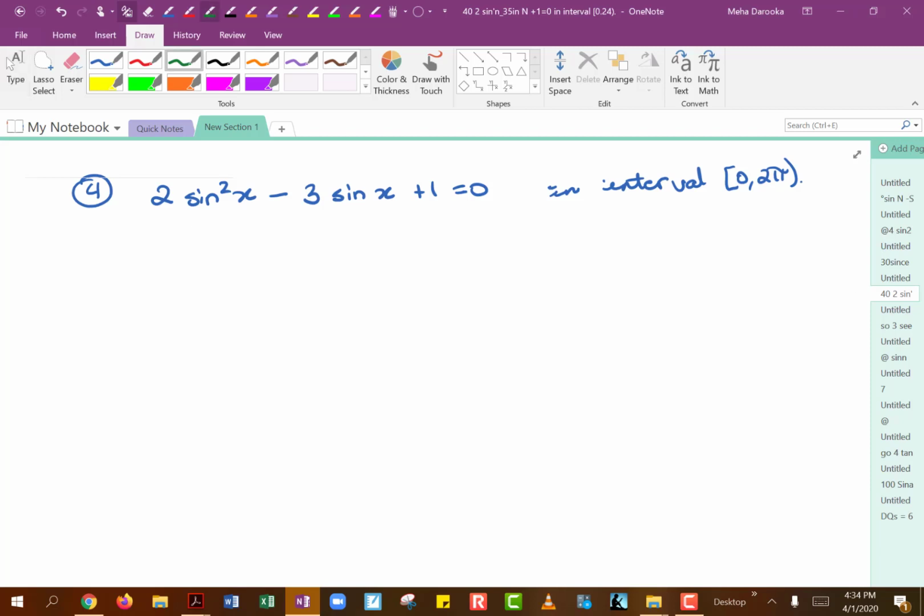So again, if you imagine your sine of x function as being, again, I'll just use the same variable z, then you can go ahead and write this as 2z squared minus 3z plus 1 equal to 0. So basically I'm just replacing the sine squared of x with z squared and the sine of x with z.